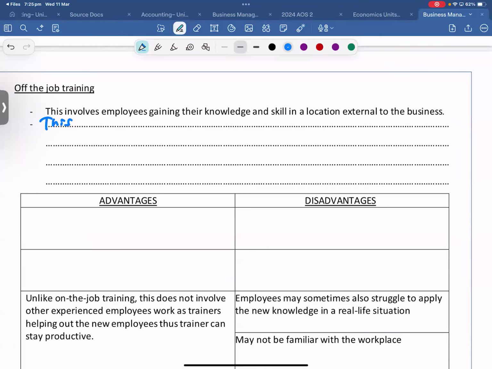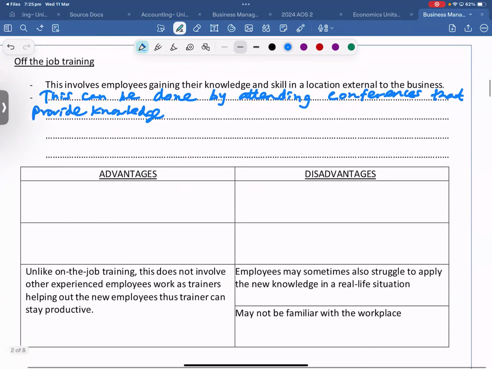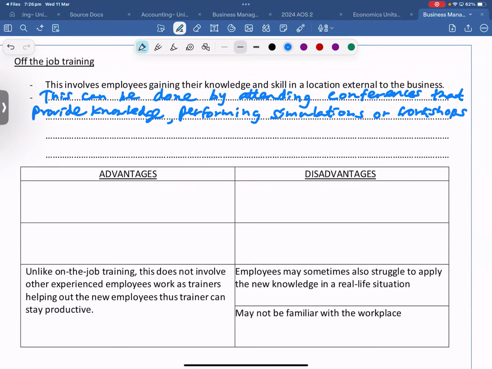This can be done by attending conferences that provide knowledge, performing simulations or workshops external to the workplace.